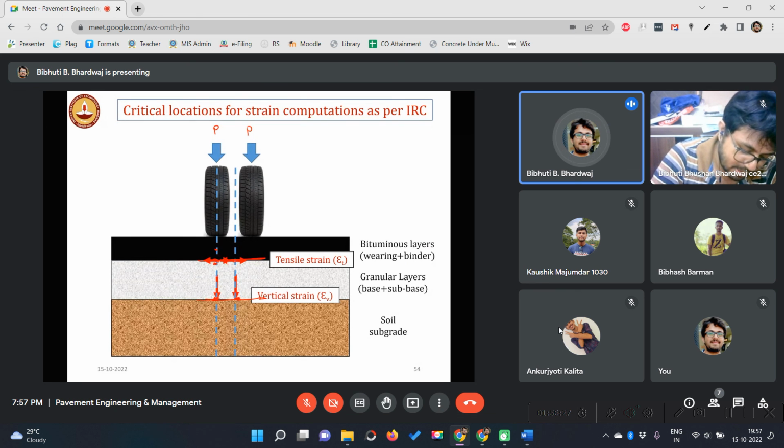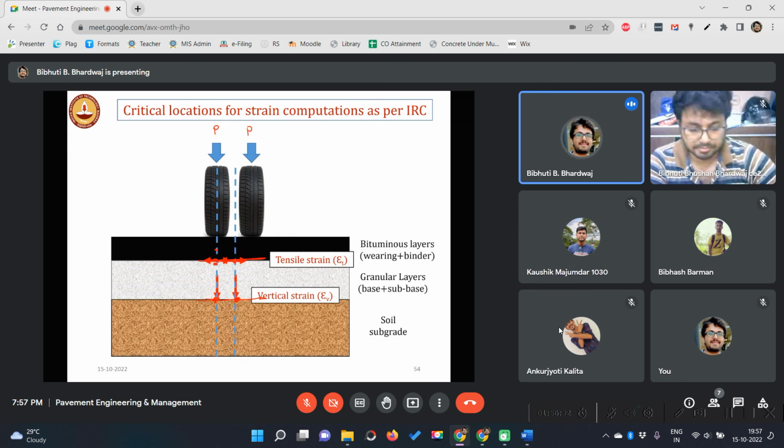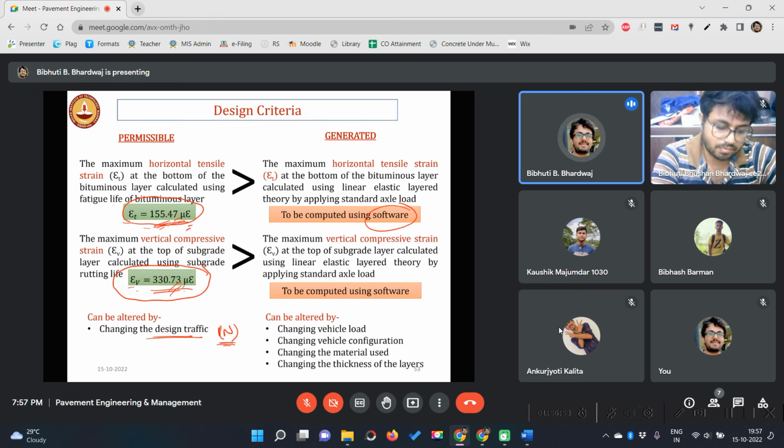It can be here, here, here, here. Sometimes it can be at the edge of the triangle also. There can be 6 points: 3 points for tensile strain, 3 points for compressive strain, where you need to analyze and find out what is the strain. Okay, so that we will find out tomorrow using software.